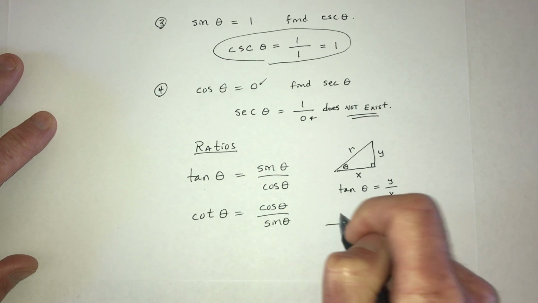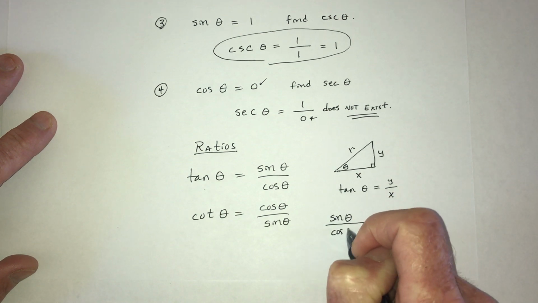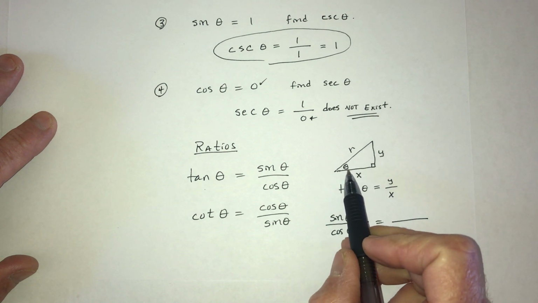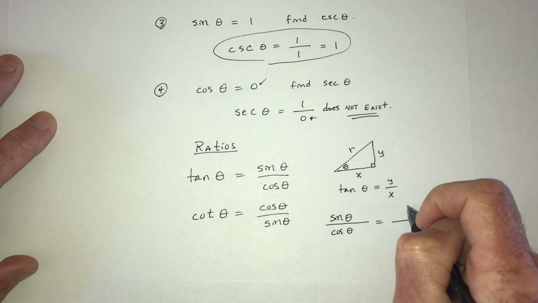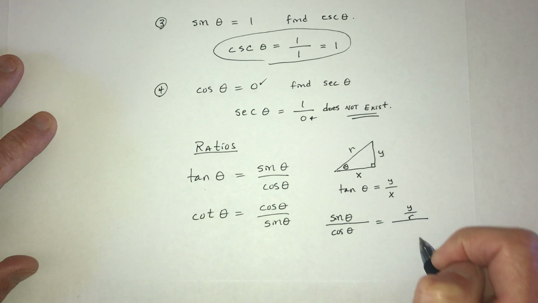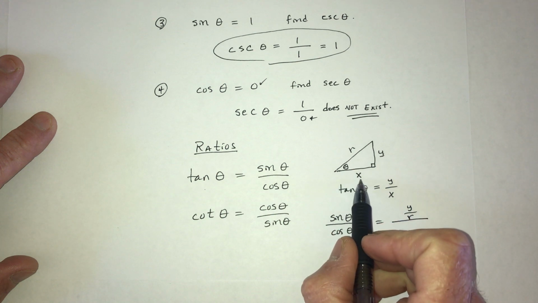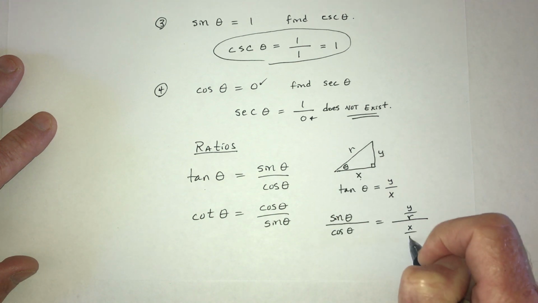So sine divided by cosine. Let's see, sine is opposite over hypotenuse, so that's y over r. Cosine is adjacent over hypotenuse, so that's x over r.